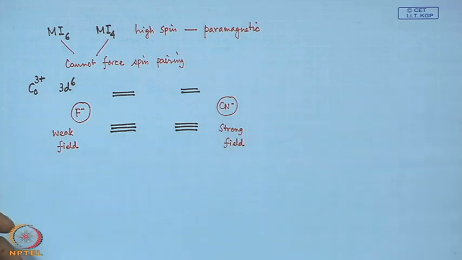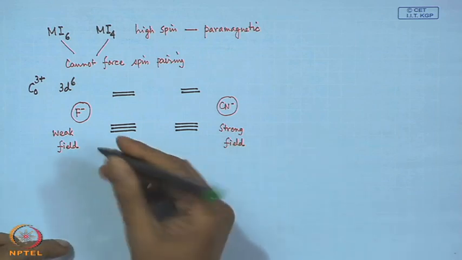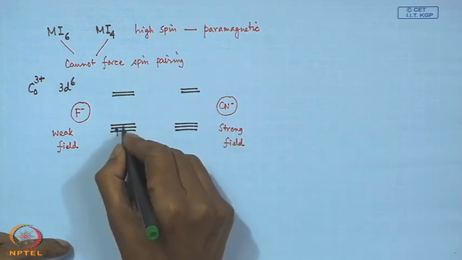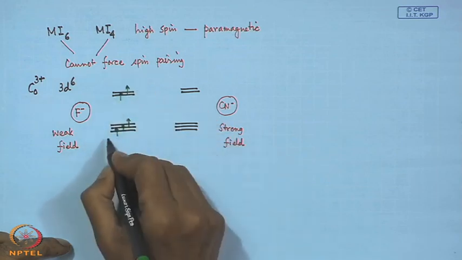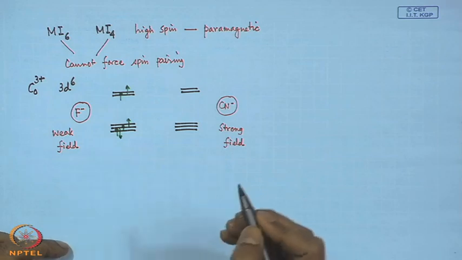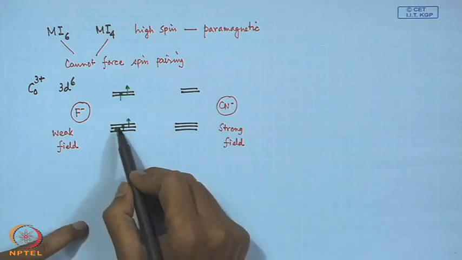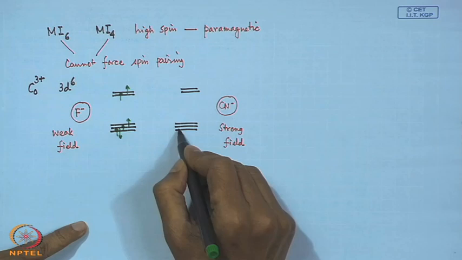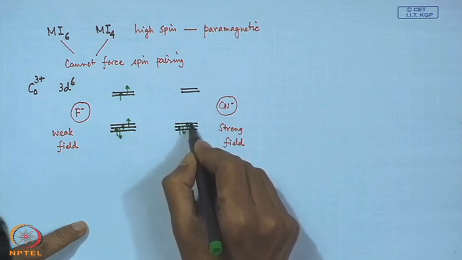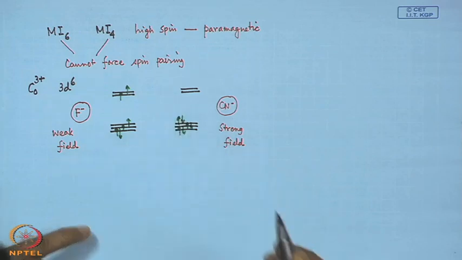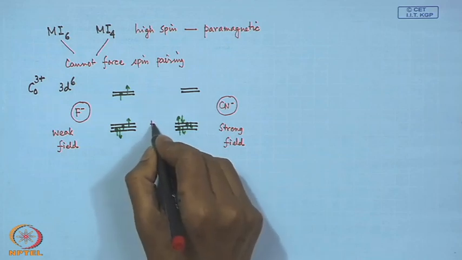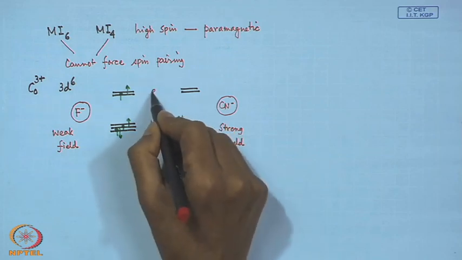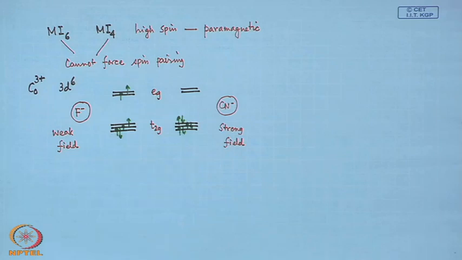The electron occupancy would be like this: 1, 2, 3, 4, 5 and 6 for the weak field, and for the strong field all will be paired, all in the t2g level. These two are the t2g, these two are the eg level.